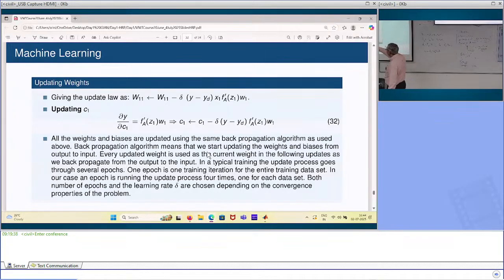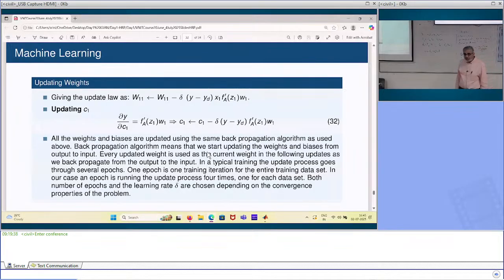Right? So that is taken care of. So updating C1 is a similar story. So we have updated W11, and this is where the power of this thing is. I have updated W11 in terms of what? What are the things? So very carefully look at all the things which are needed to update W11. What's needed to update W11? Count one after another.